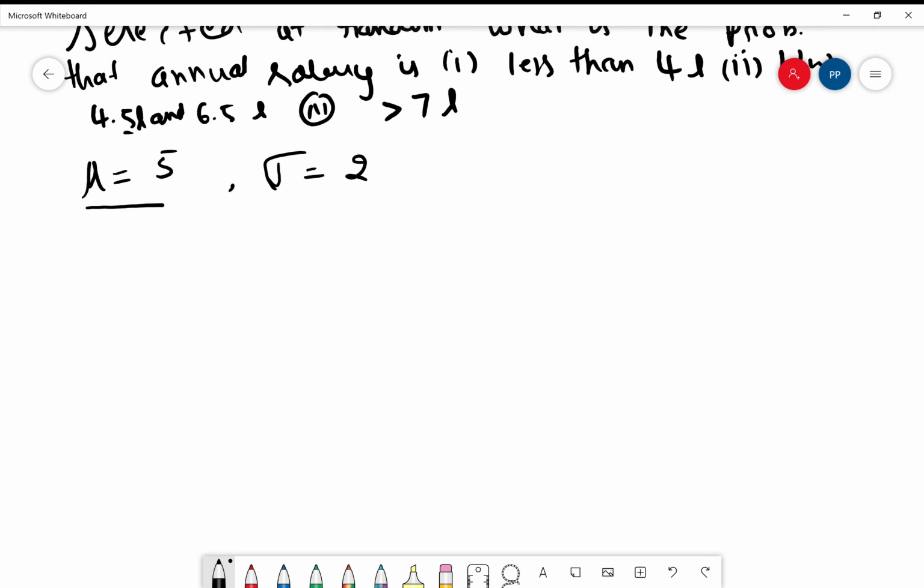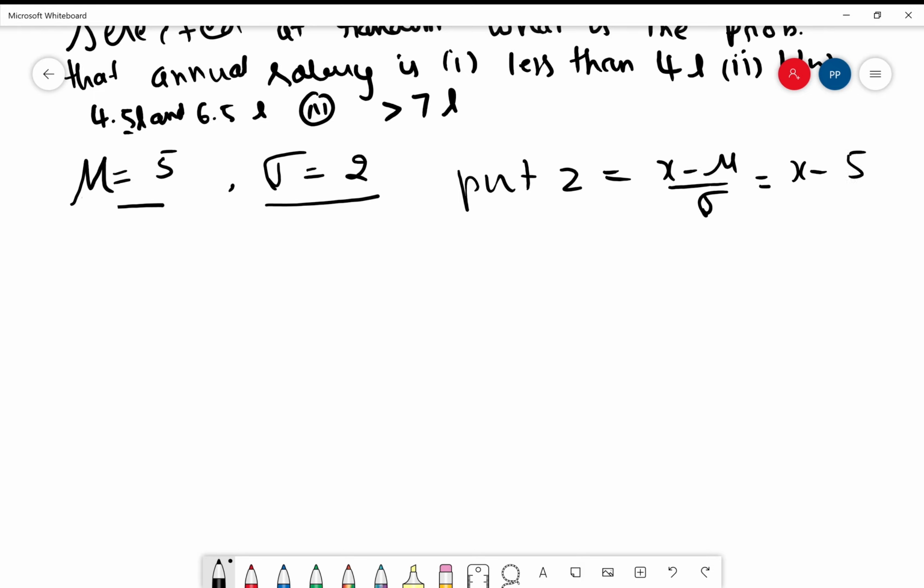Now let's do this substitution. Put z equals (x minus mu) by sigma, where mu is 5 and sigma is 2.